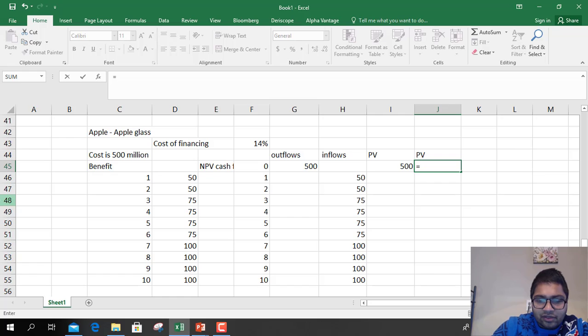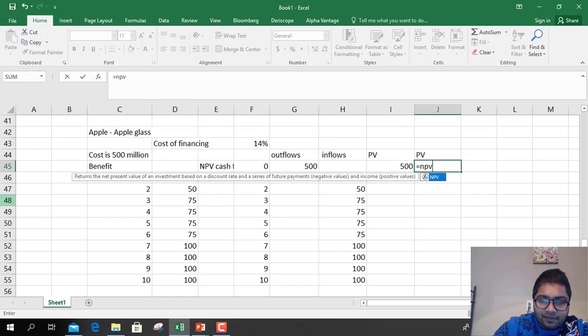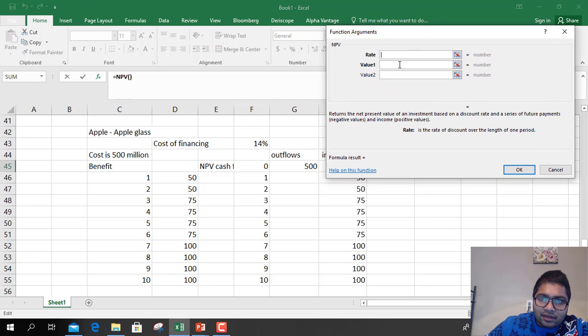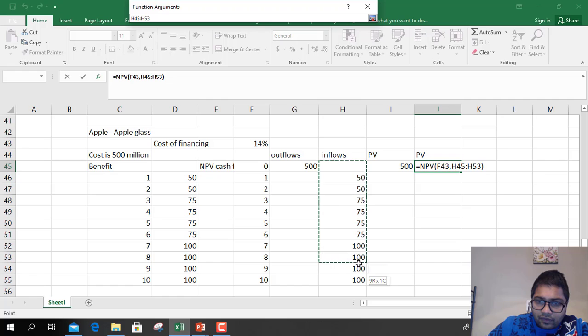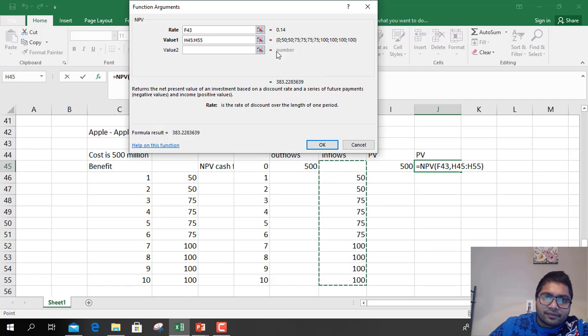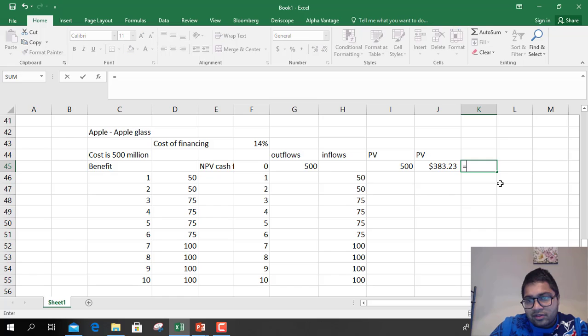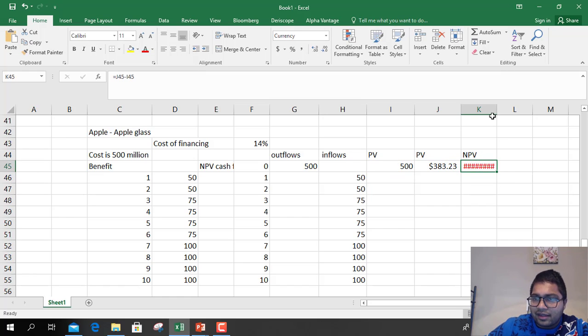For the PV of inflows, we need to calculate that, so equals NPV, net present value. Interest rate 14%, values 0 to 10, so it is 383. So benefits are 383, and the PV of cost is 500. NPV is 383 minus 500, so NPV is again negative.